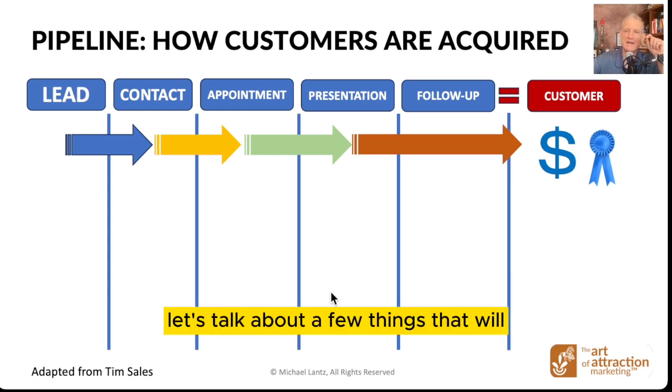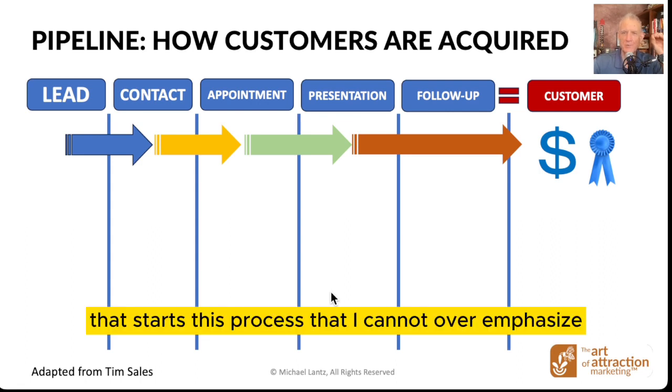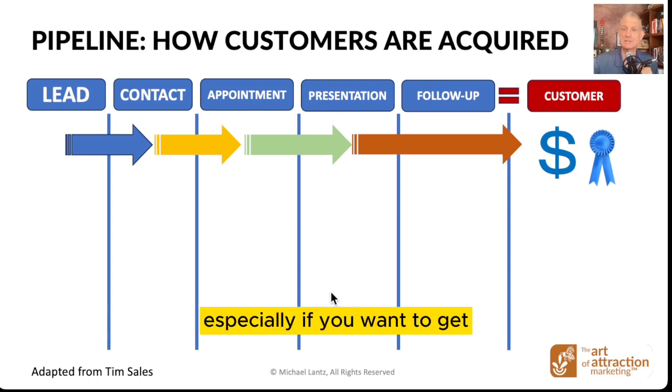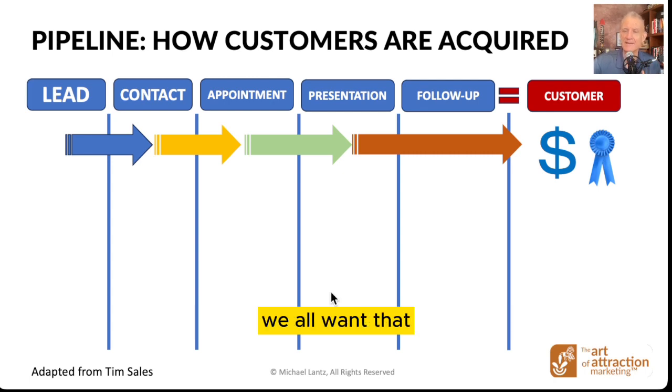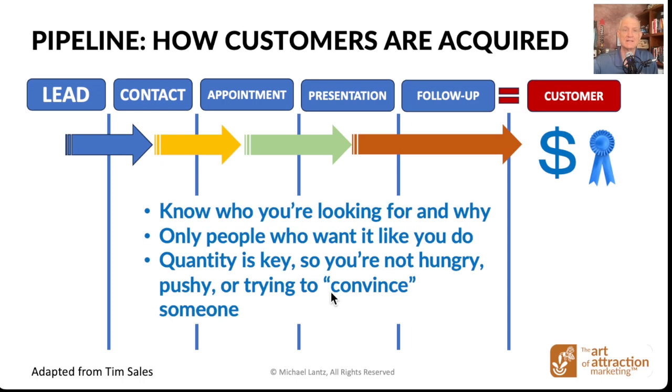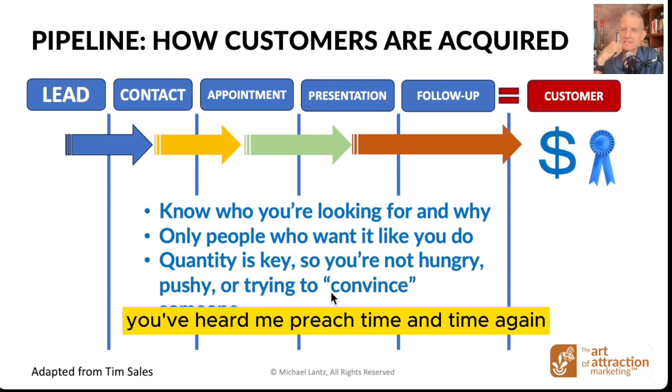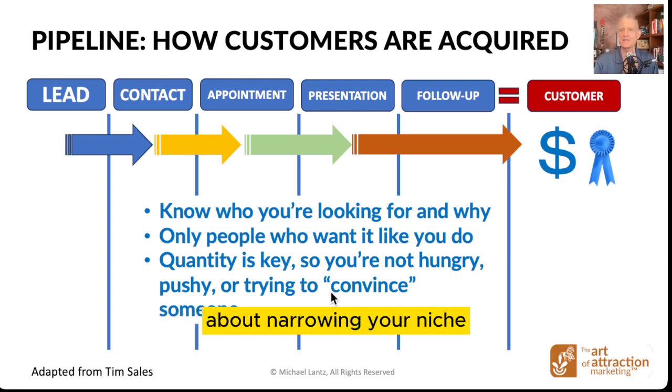Let's talk about a few things that start this process that I cannot overemphasize, especially if you want to get 3 times the duplication in your team. We all want that in half the time. You've heard me preach time and time again about narrowing your niche, narrowing your target market.